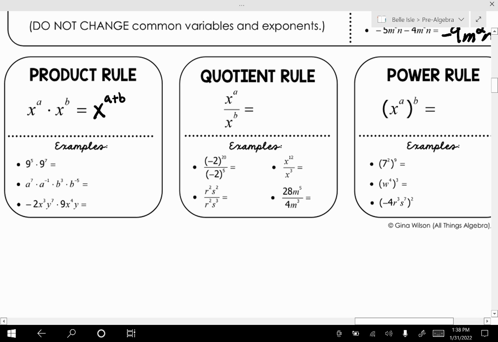That's the problem. So do you keep the bases or do you multiply them? That is a great question. Keep the base the same. The base is matched, right?